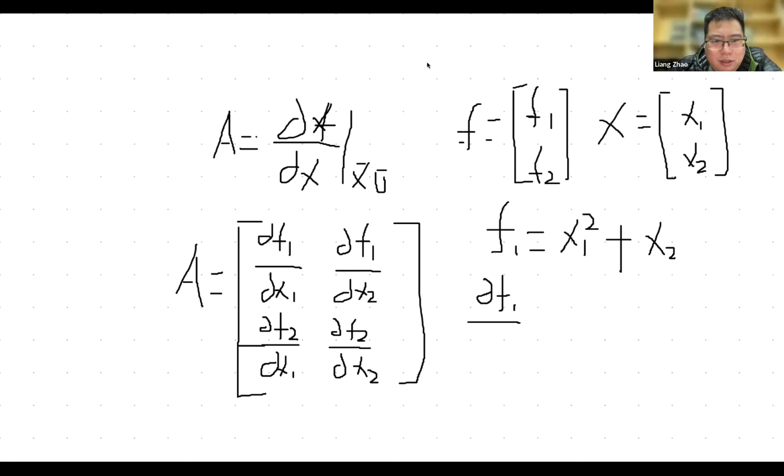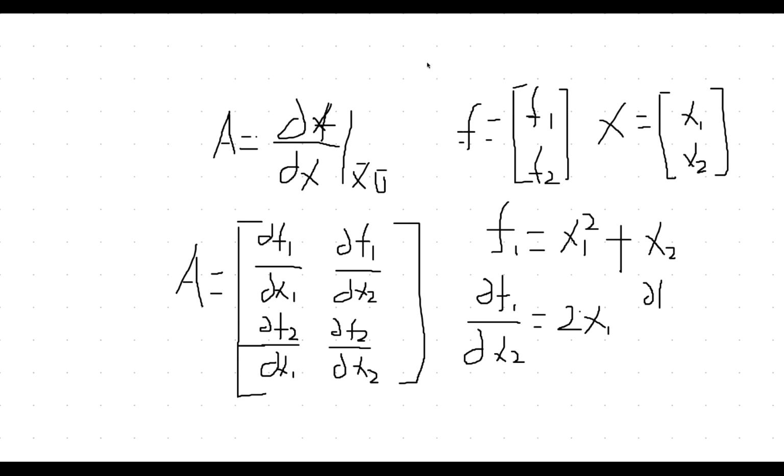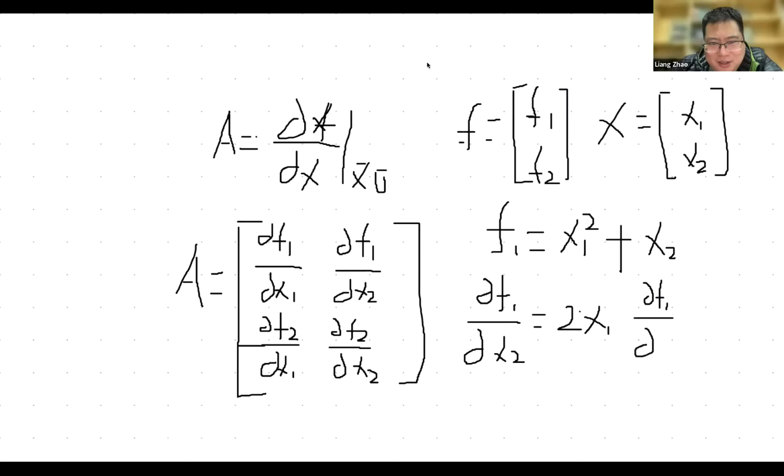And row F1 over row X1 is equal to 2 times X1, right? Yeah, that's right.